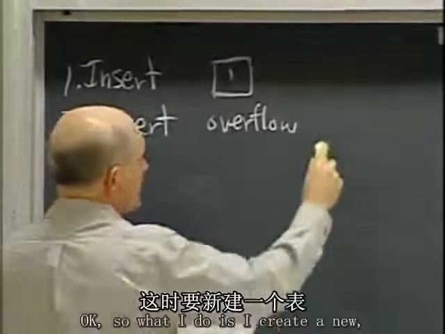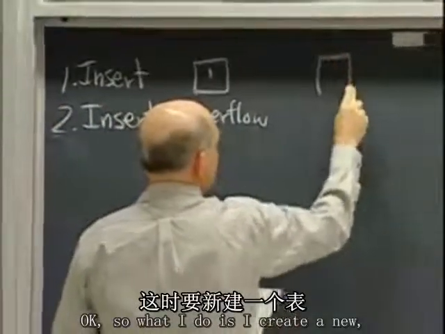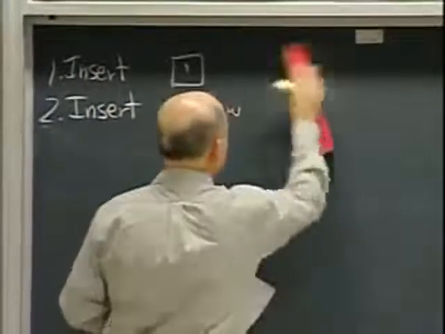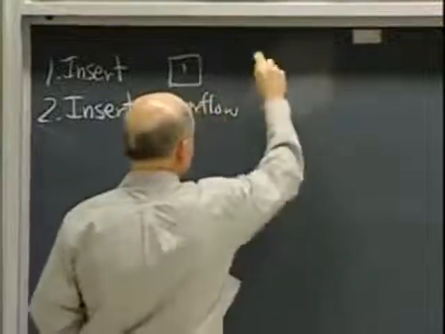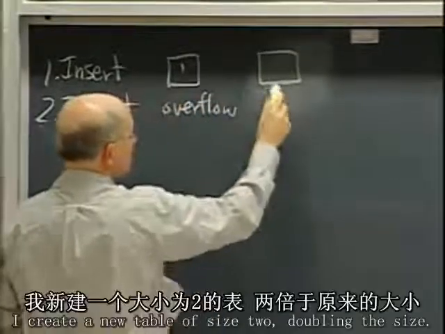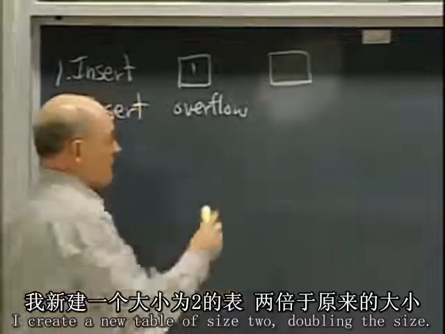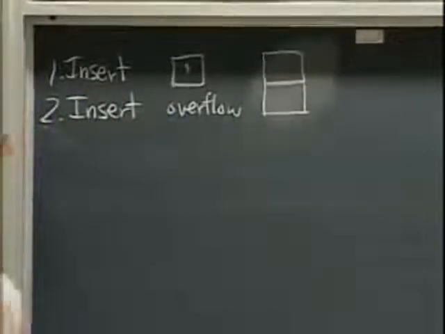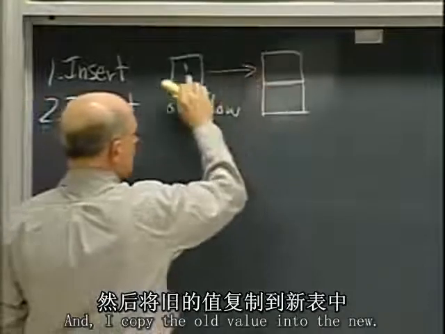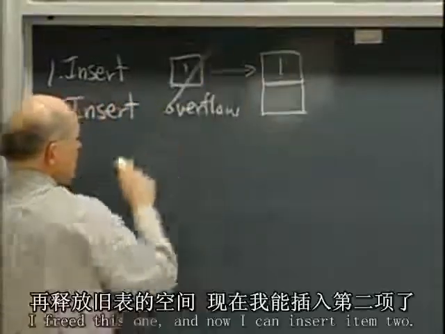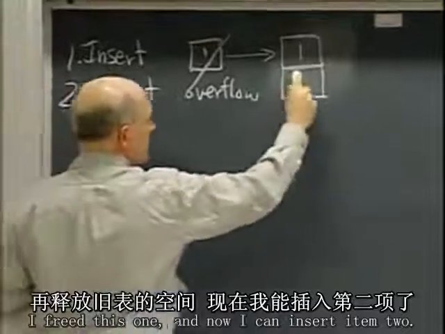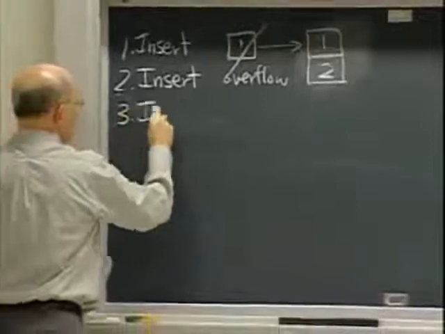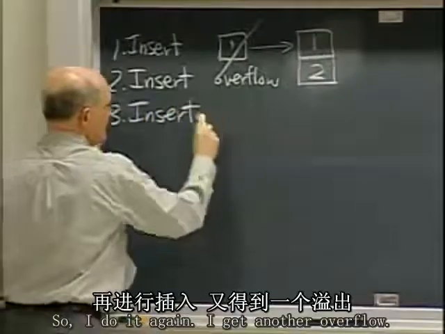So what I do is I create a new table of size 2, doubling the size. I'm going to need a little bit more space than that. And I copy the old value into the new. I free this one, and now I can insert item 2. So I do it again, get another overflow.